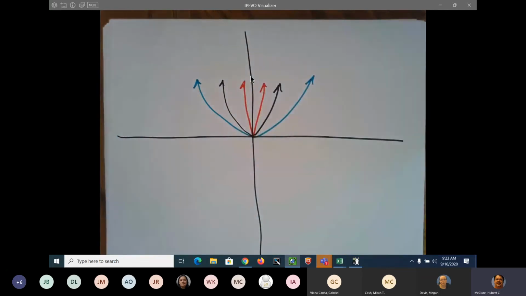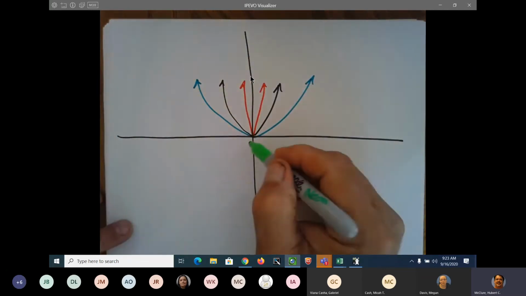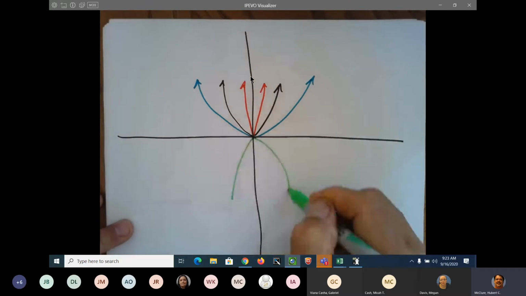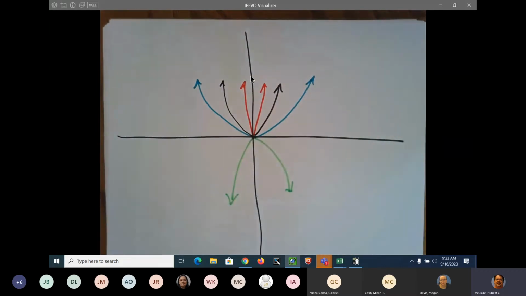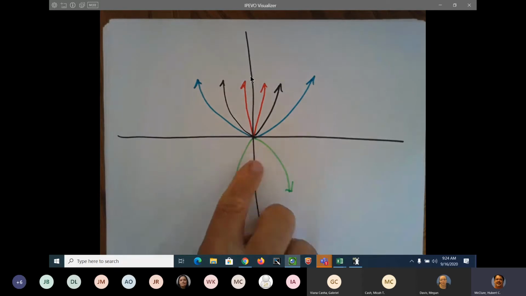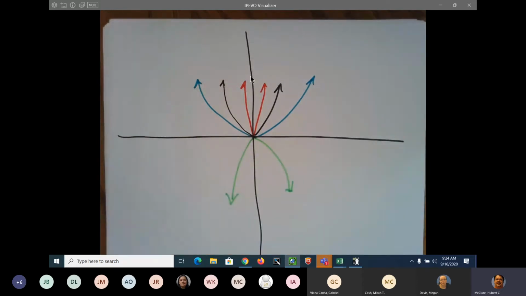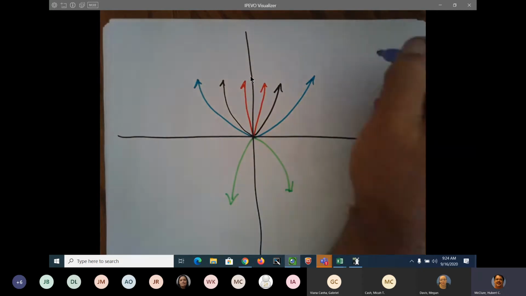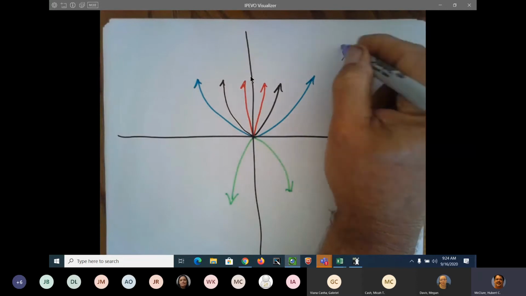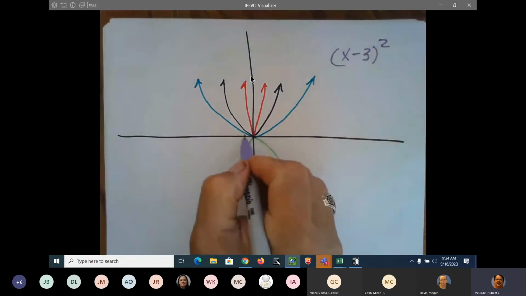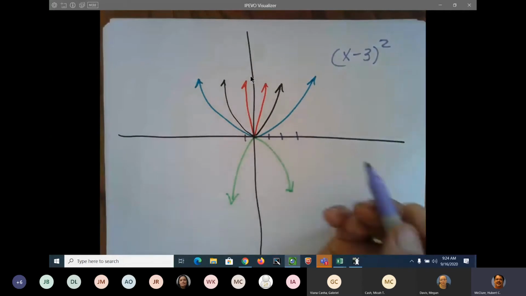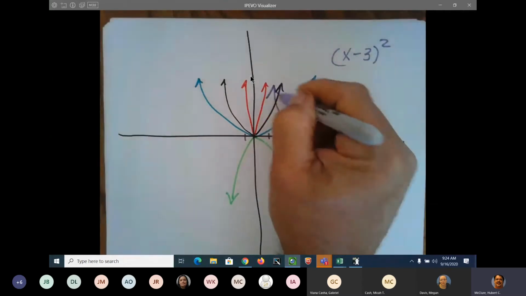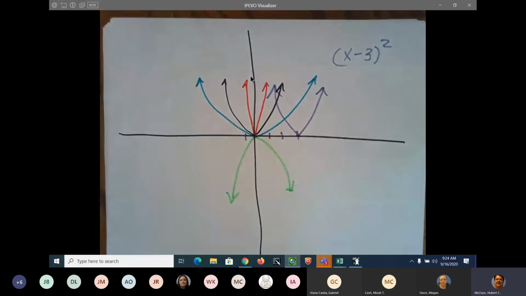And then we turned it over, and I think it was green, or it might have been vice versa. Y'all remember doing this? And we did a horizontal shift and vertical shift. I know we did it because I've seen it on the video on YouTube, the still shot of the video has that on it. And I told you that the horizontal shift was always the opposite. So if I gave you x minus 3 quantity squared, that would be 1, 2, 3 to the right. And it would be a parabola that looks like the black one. Do y'all remember going over that?